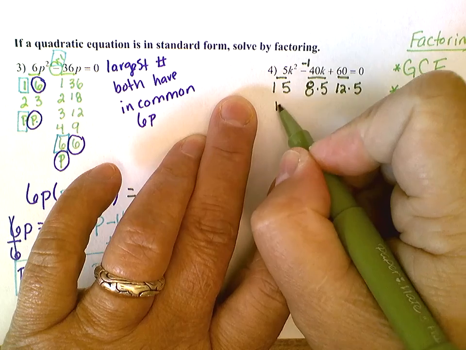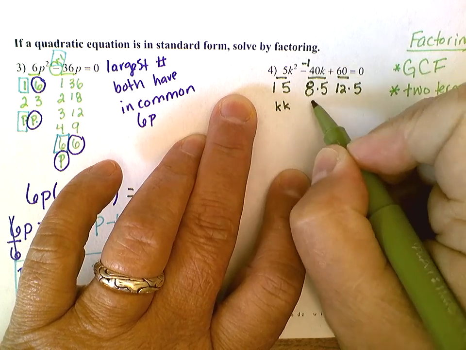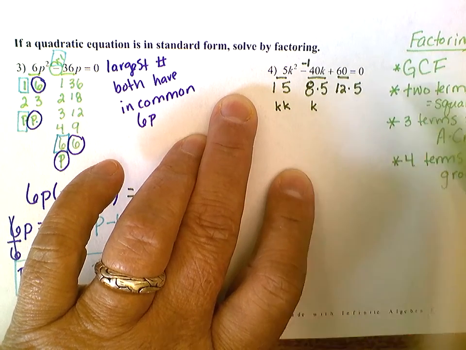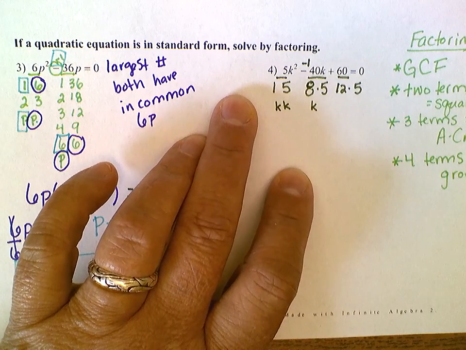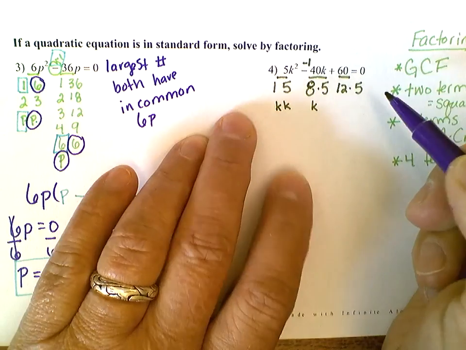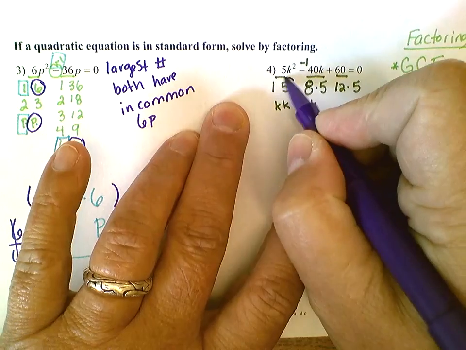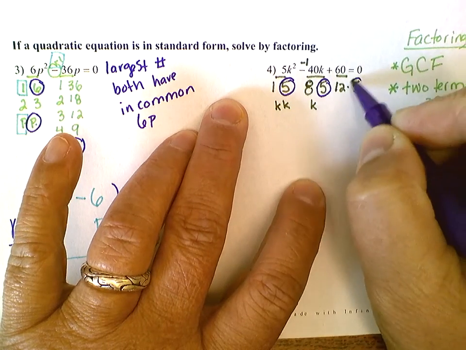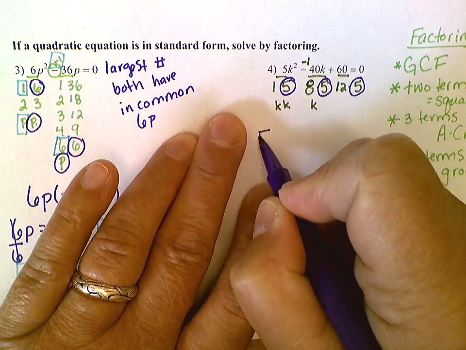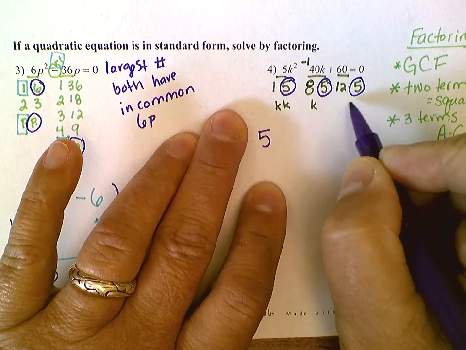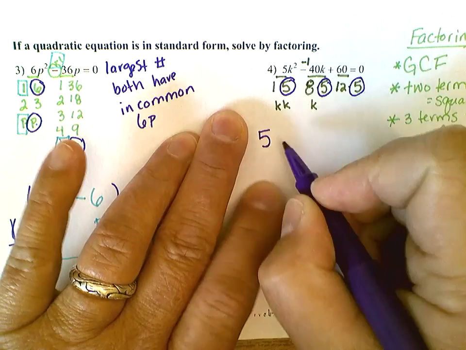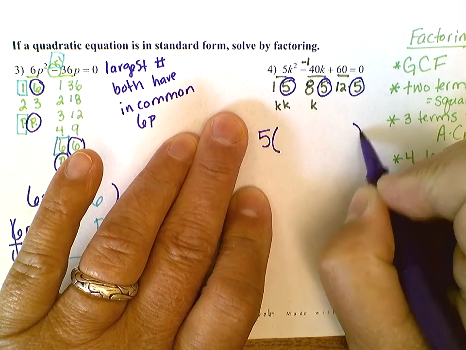Okay, I do have 2 k's here, I have 1 k here, and I have no k's here. So that means the k cannot be part of my greatest common factor. All right, so my common factor I already said is going to be 5. Again, can't factor out a k from the third term, so that's not part of my GCF.